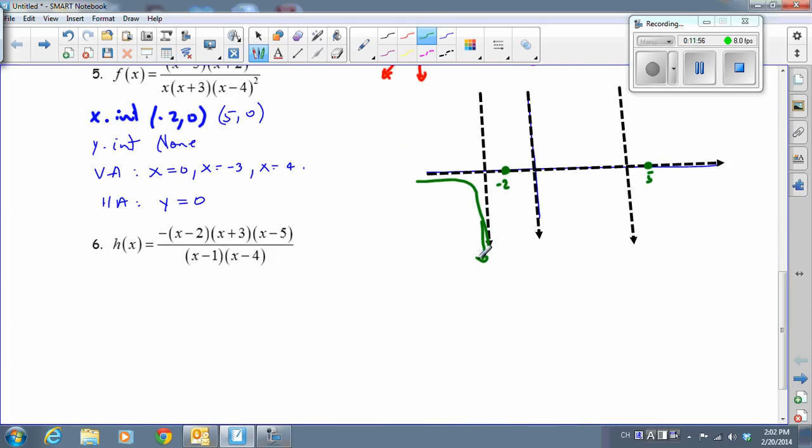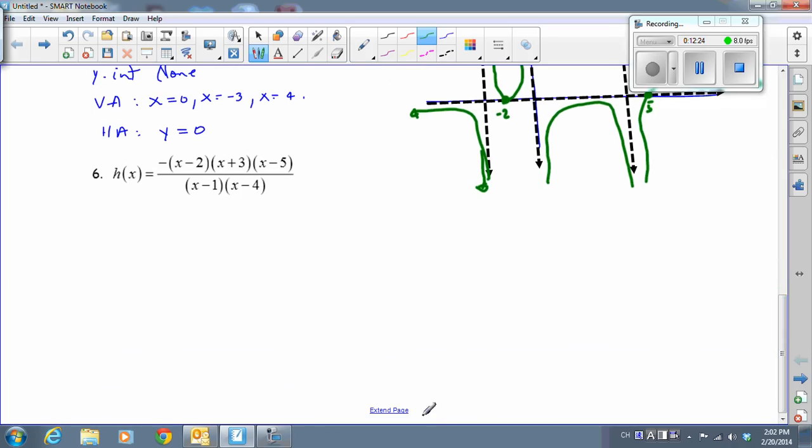It gets closer, but it doesn't touch. I also know that it will bounce at -2. In here, it will go like this probably, because they have to come together at 5. Now, although it crosses here, this is a vertical asymptote, so it will come back in line close to this.